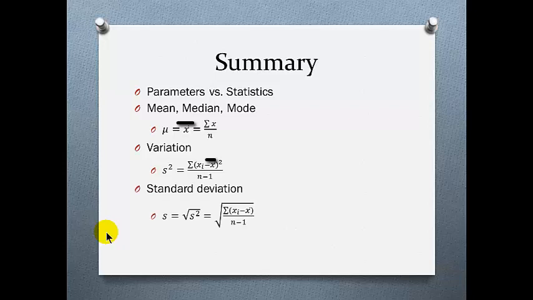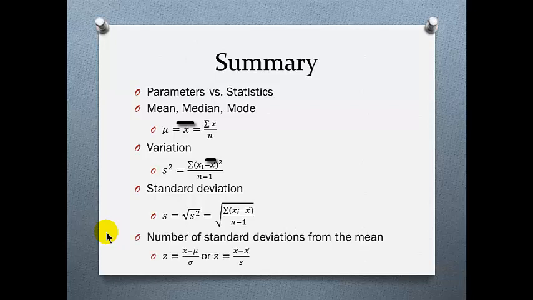More important, though, is the standard deviation, the square root of the variance. The standard deviation is the square root of s squared, or the square root of that nasty formula. The nice part about standard deviations is it gives us a standard level to compare things with. How many standard deviations away from the mean is a data value?